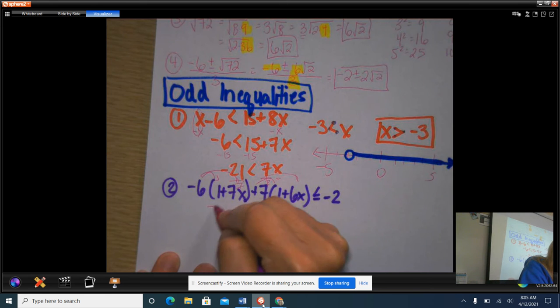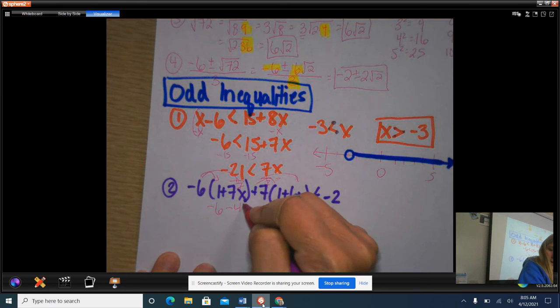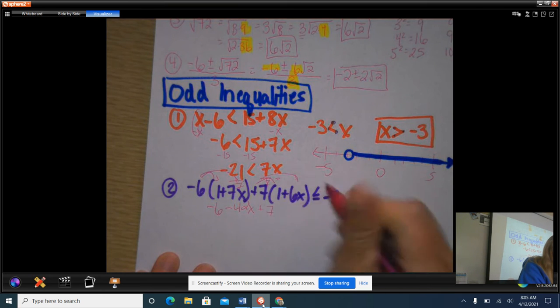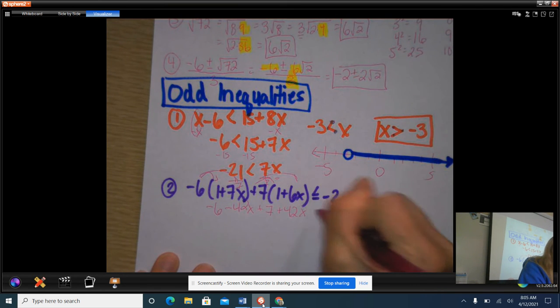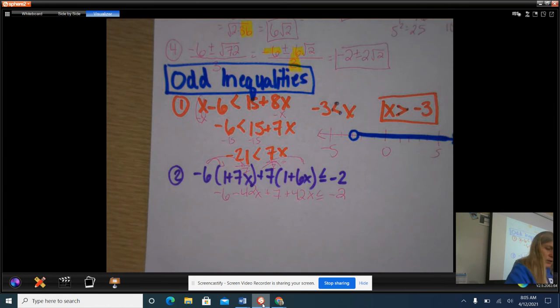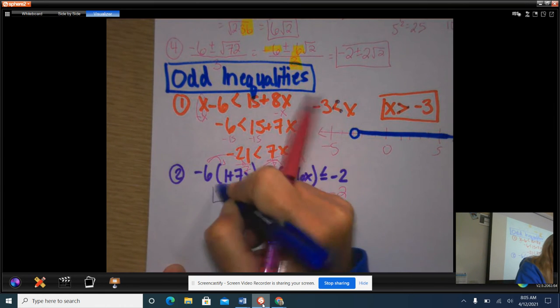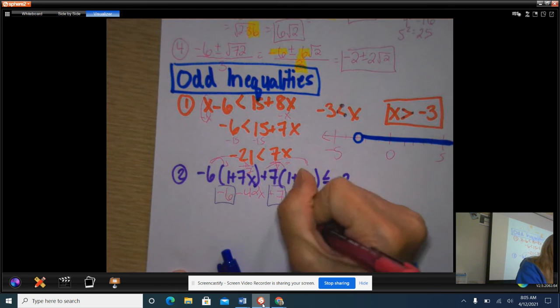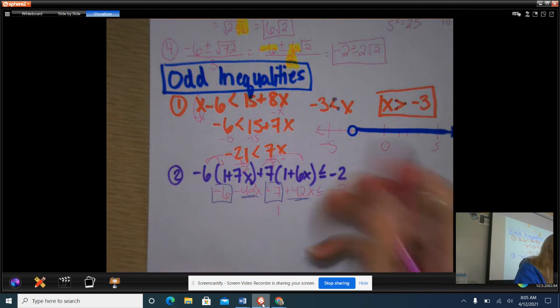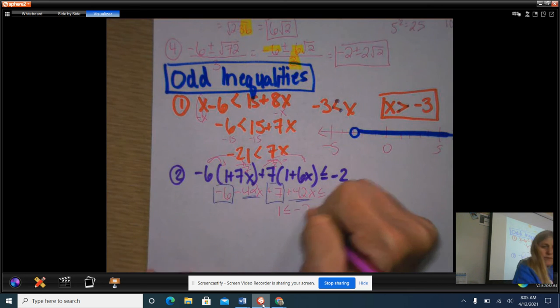I have negative 6 minus 42x. 7 times 1 is positive 7, plus 42x is less than or equal to negative 2. We're going to combine our like terms. I have a negative 6 plus 7, which is 1, and my negative 42x plus 42x cancels out. So I have 1 is less than or equal to negative 2.